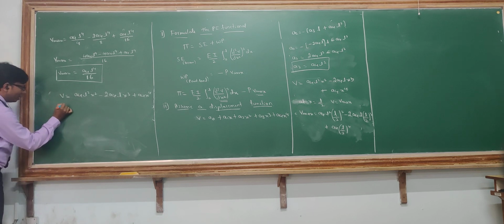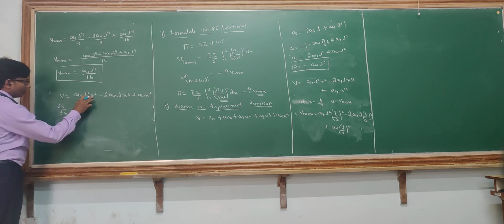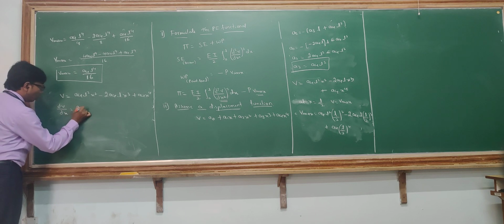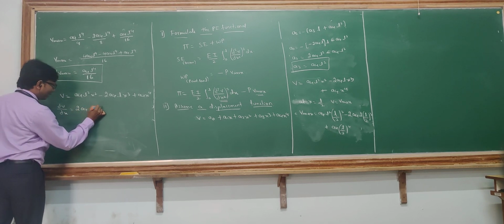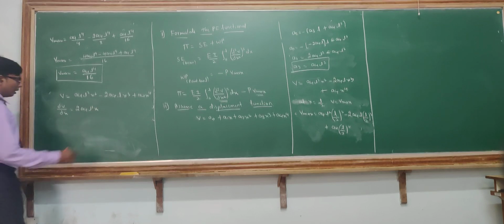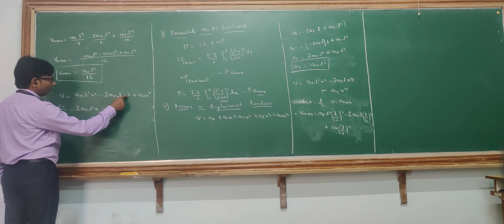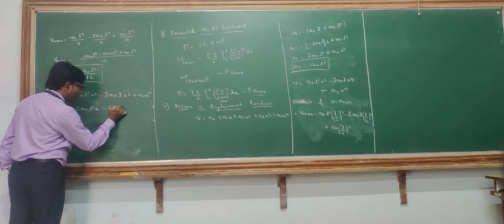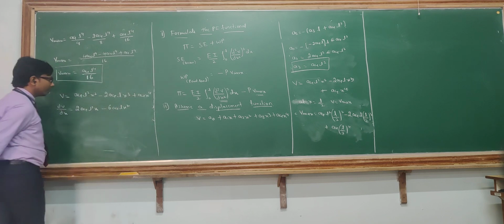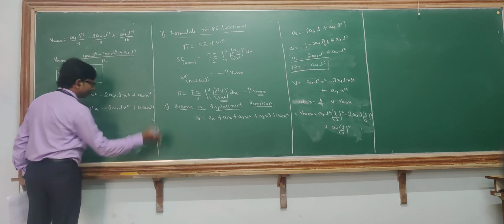So I'll take dou V by dou x. Differentiating with respect to x, I'll get 2A4 L square x as one term, minus 3 into 2, that is 6 A4 L x square, plus 4A4 x cube.